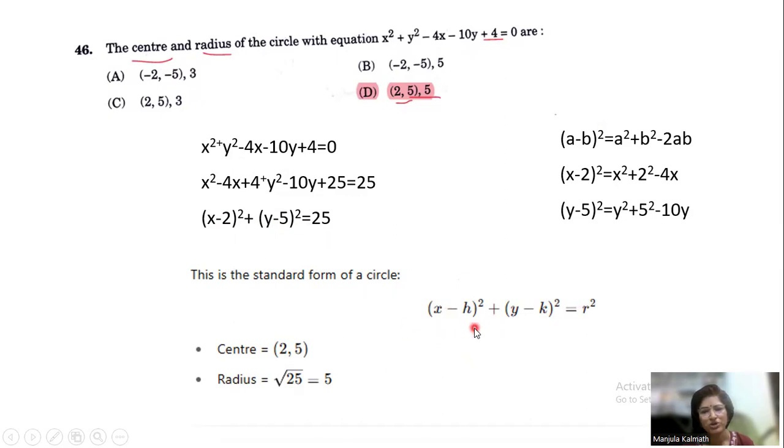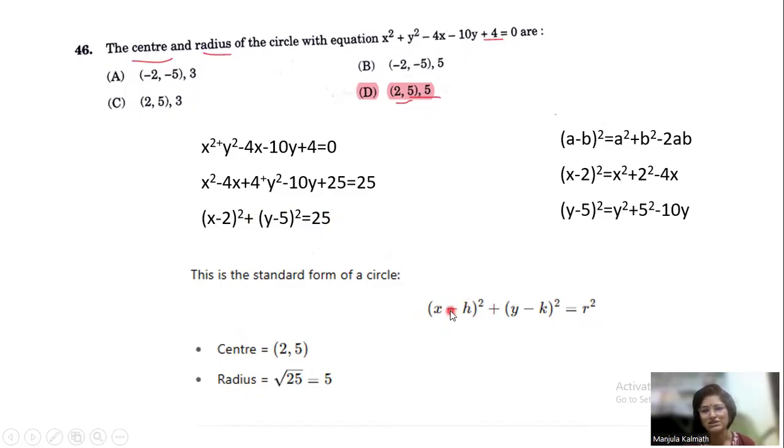By putting the values, h I'll take as 2 and k as 5. By substituting these values, (x − 2)² + (y − 5)² = 25.